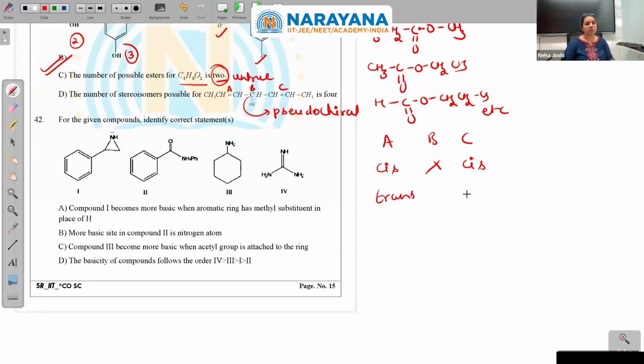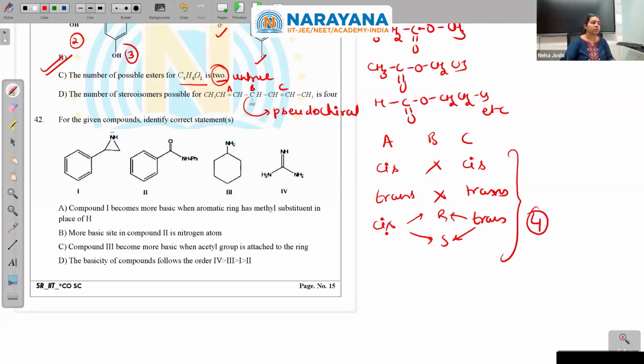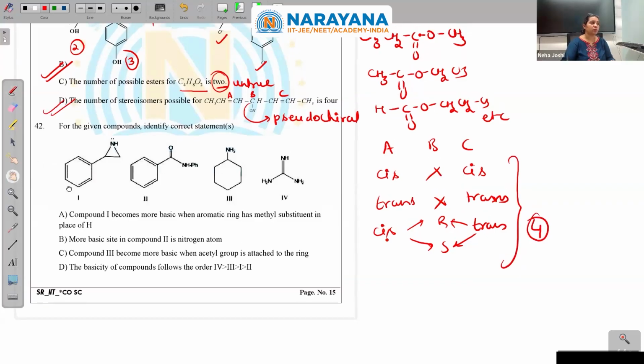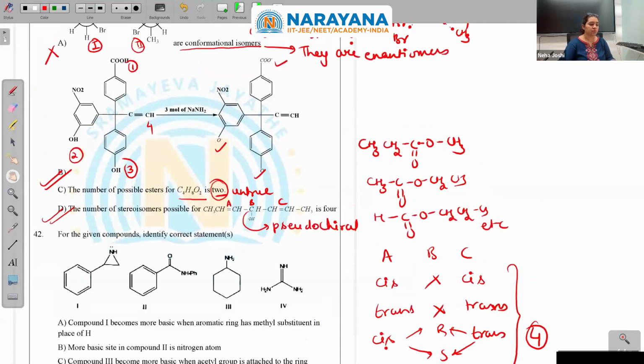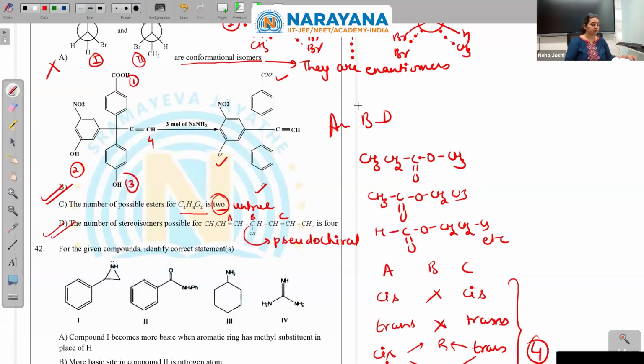If A is trans and C is trans, then also not chiral. One cis, one trans, then yes. There will be 2 cases: either this is R or this is S. So I will have cis-R-trans or cis-S-trans. So a total of 4 stereoisomers are possible for this. And the answer for 41 is thus B and D.